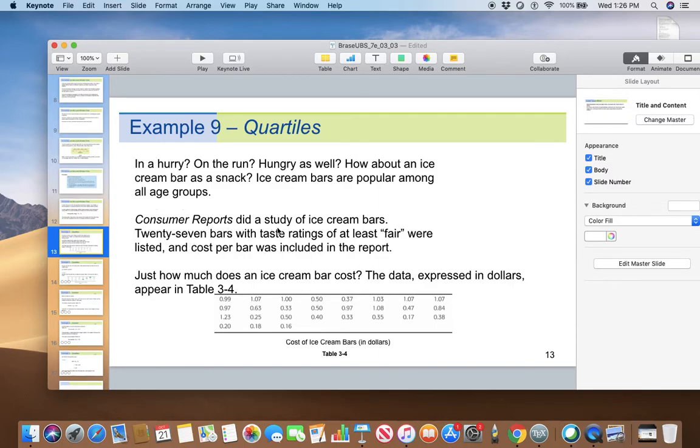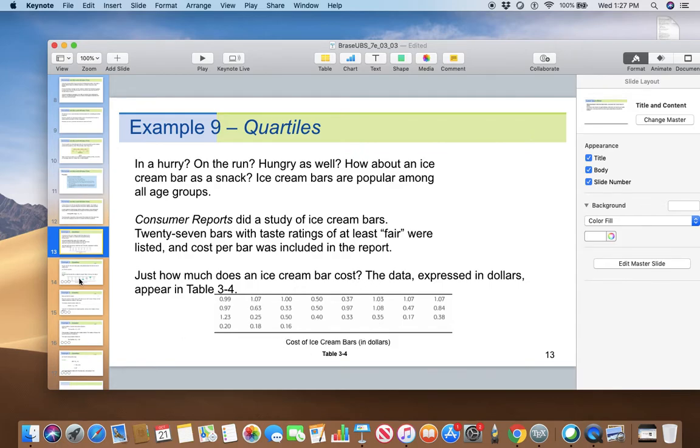Consumer Reports did a study of ice cream bars. 27 bars with taste ratings of at least fair were listed, and the cost per bar was included in the report. Just how much does an ice cream bar cost? The data is here. All right, so a whole bunch of values, cost of ice cream bars in dollars.